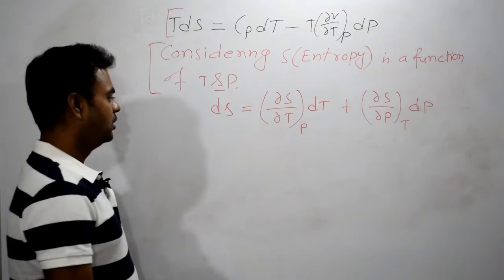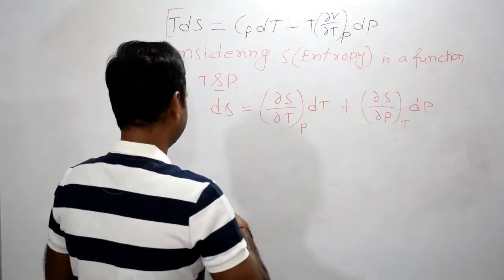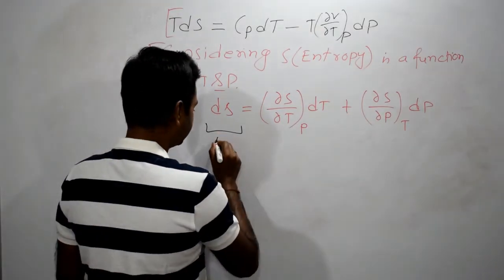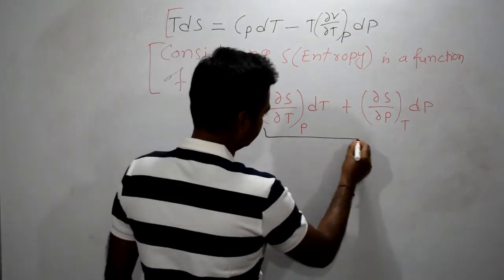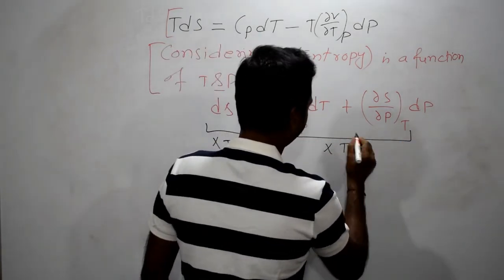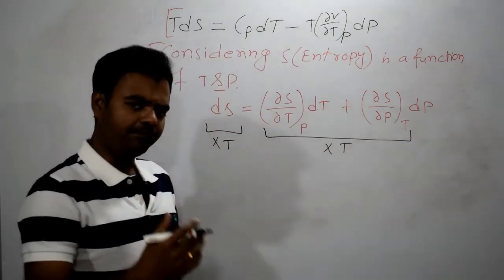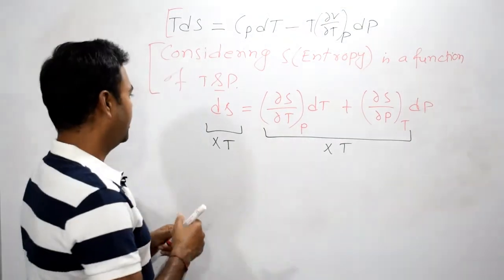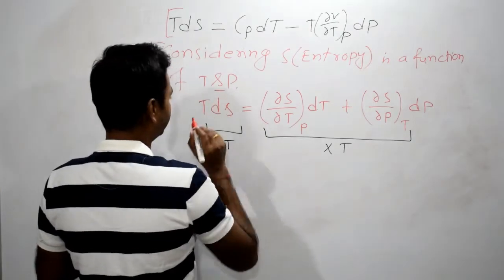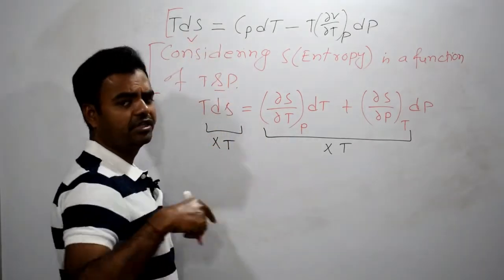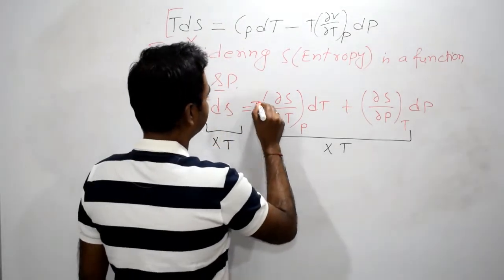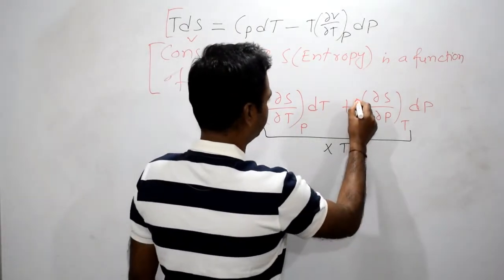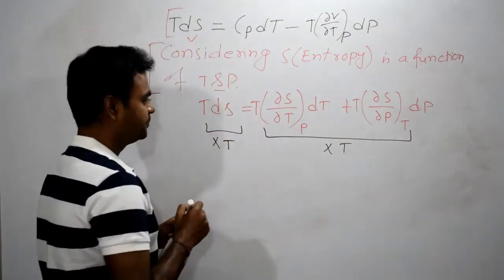Correct? Now what we are doing, basically, is multiplying both sides with temperature T. If we multiply both sides, RHS and LHS, with temperature T, how will the equation look? TdS, which matches the required form, and we have to put T here as well as here.